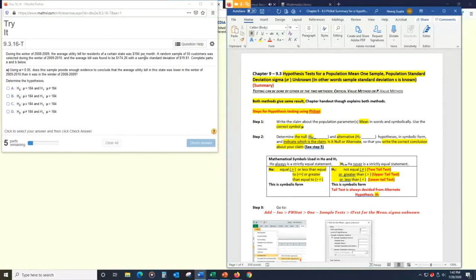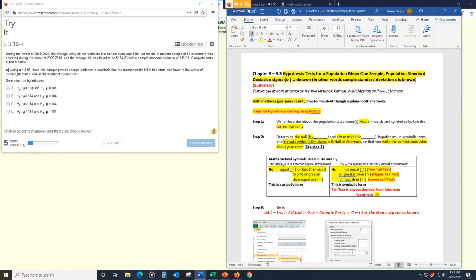So during this year, it was 184. A random sample of 50 customers was selected during the winter of 2009 and 10, and the average bill was found to be 174.26 with a sample standard deviation of 19.81, and you need to complete these parts.